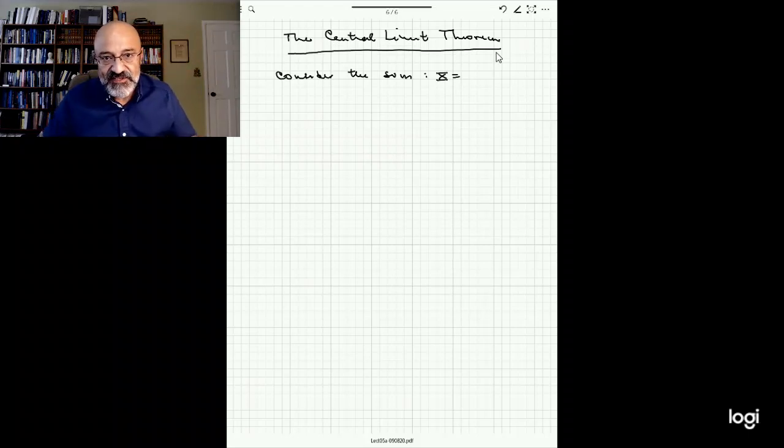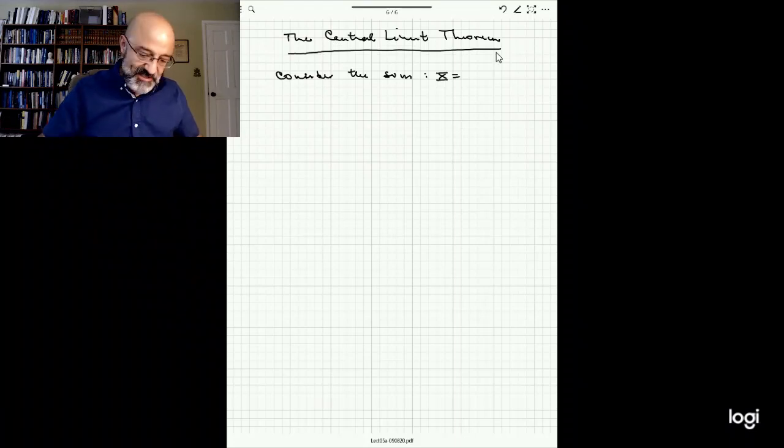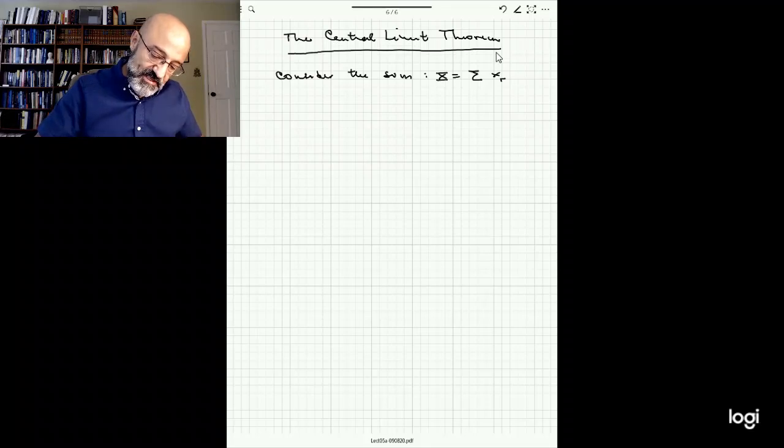And the real reason is that uppercase X and lowercase x are very easy to confuse. And so I don't want to confuse them, so I'm going to have a special symbol. It's like a Roman digit for number 10. That's going to be my capital X. And then here I'm going to sum all the small x's when r is going from 1 to n.